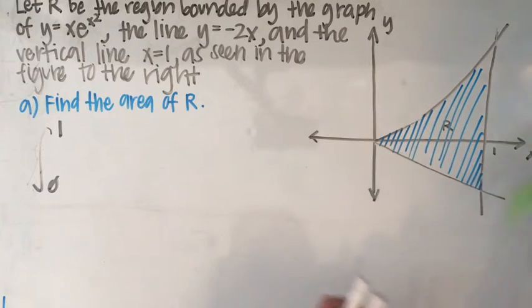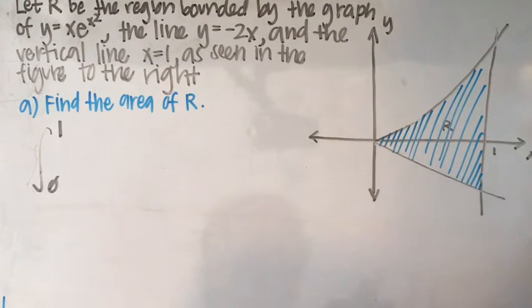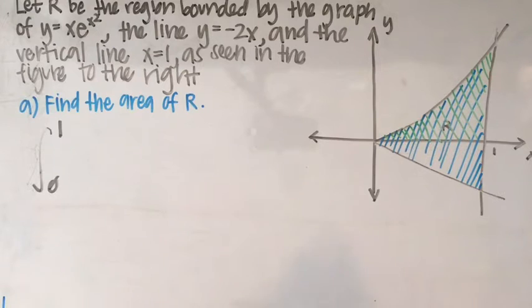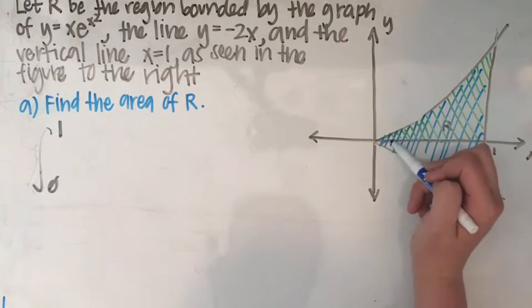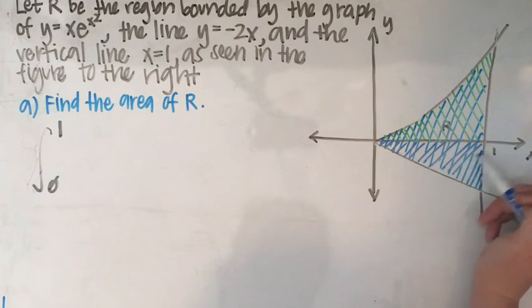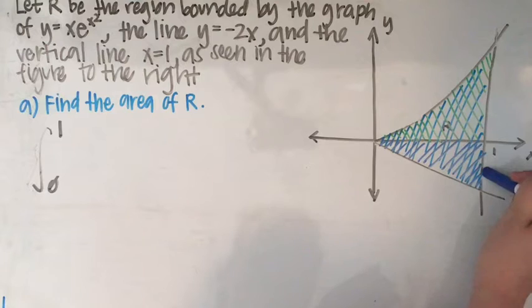So in order to find this whole distance, we need to know the area under this curve and the area under this curve. So we're going to find this area and subtract this area from it. Now, it looks like you should add the two areas.